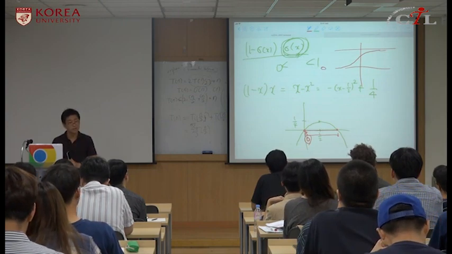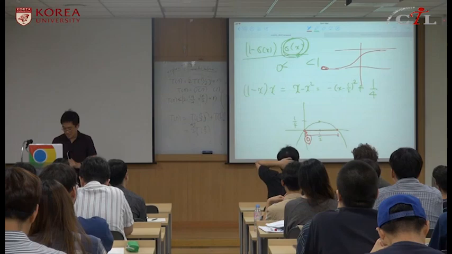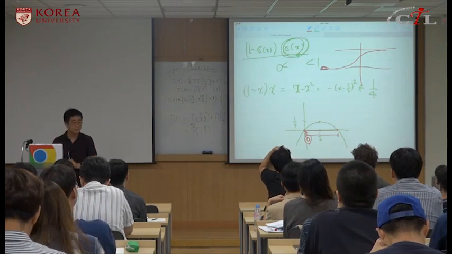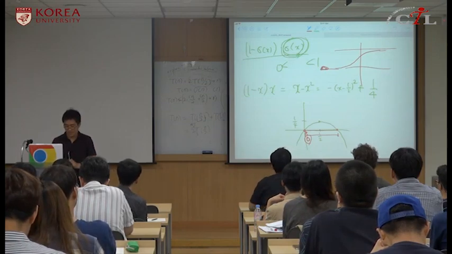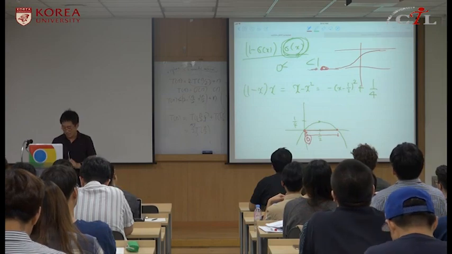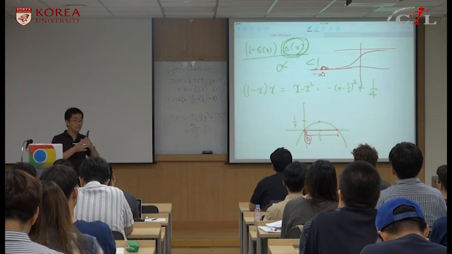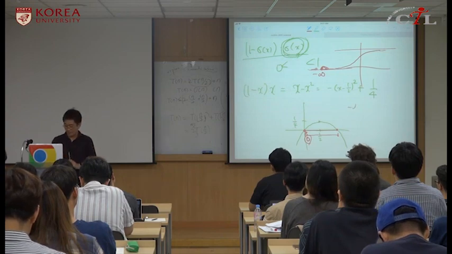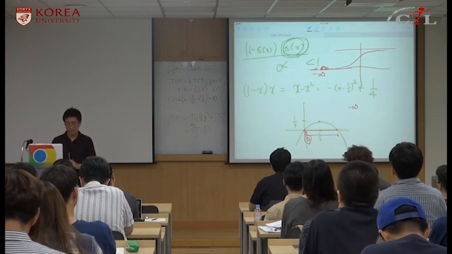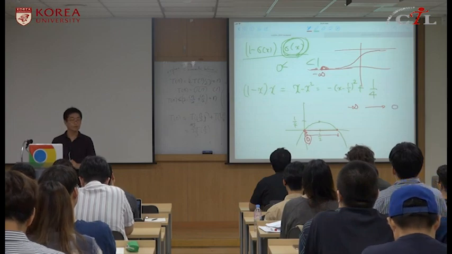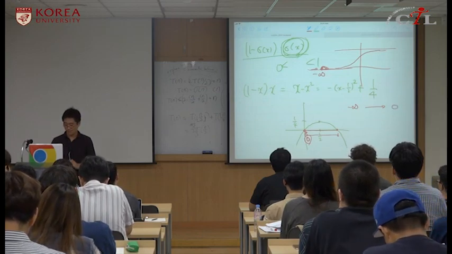It's around here, because in that part it's not exactly 0, but it's close to 0, and that corresponds to negative infinity for the x value. So in the forward pass, this negative infinity will be mapped into 0, and then what is the gradient?